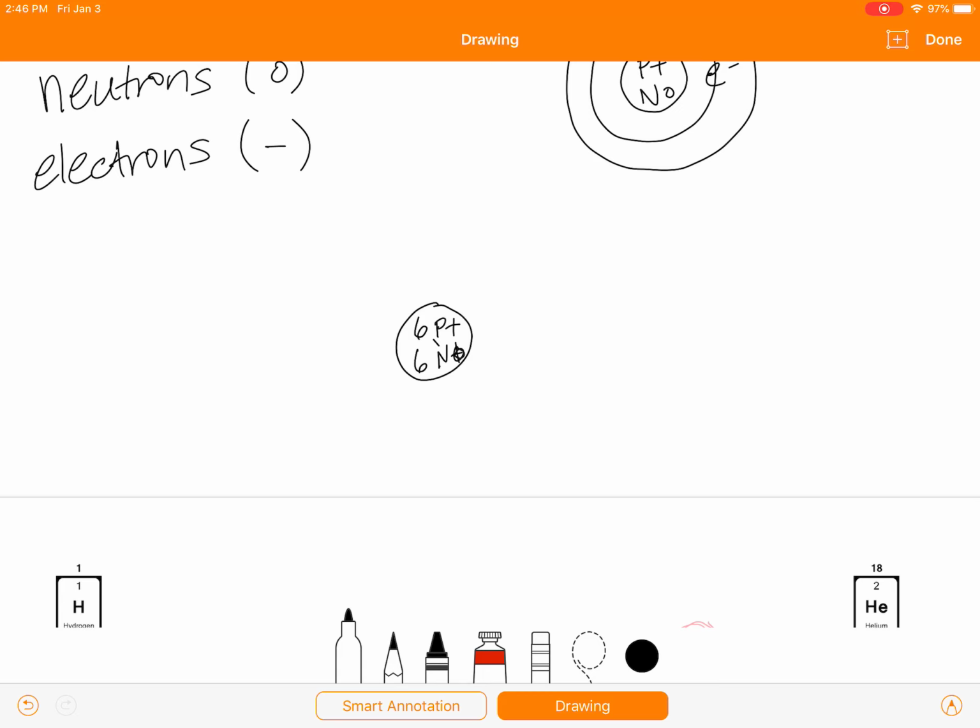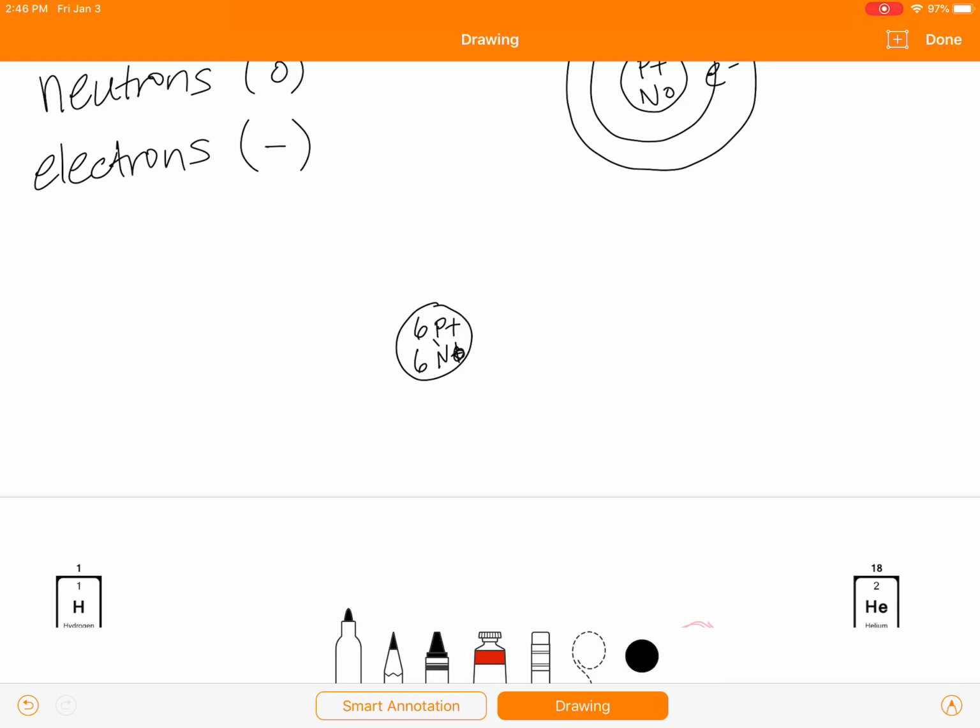Now just put a plus there. That should be neutral, right? Now don't get this confused, okay? Not every element on the periodic table will have the same number of protons and neutrons, all right? Sometimes you'll have different numbers of neutrons than you have protons, and you might see that as you do some examples on your own. And that's okay. The atom will still be considered neutral.